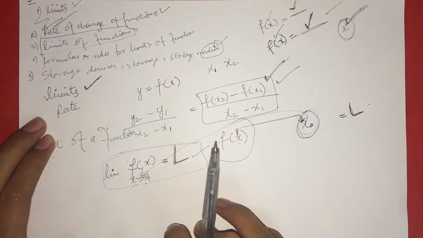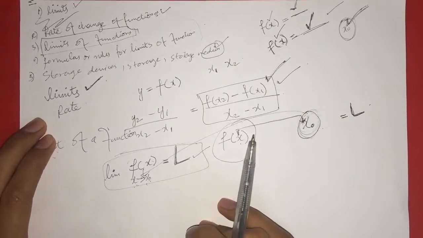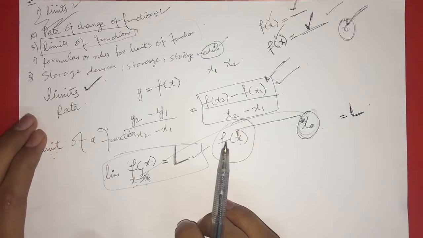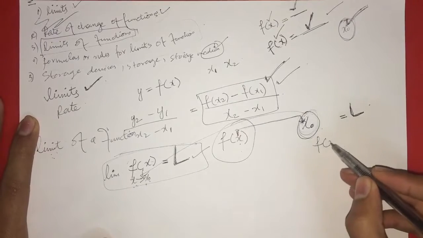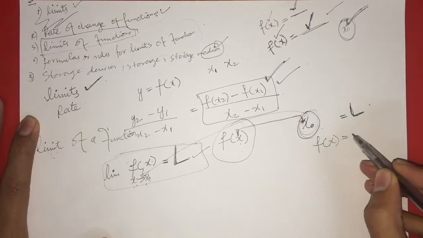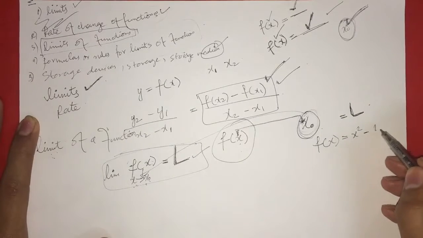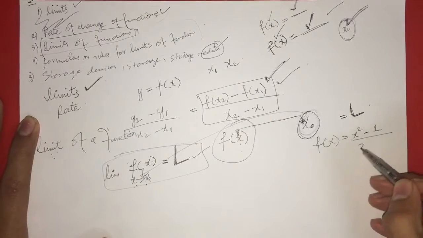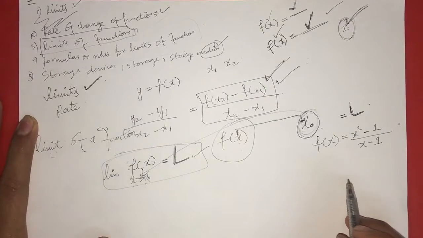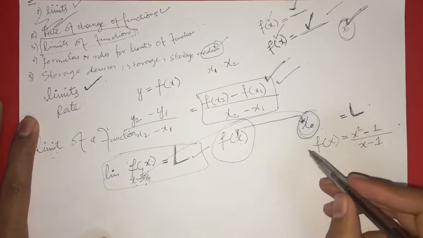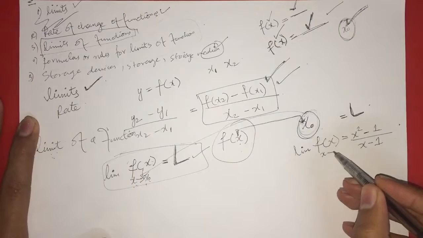Now let me give you an example of the limit of a function. Say there's a function f of x equals x square minus 1 divided by x minus 1, and you want to find the limit of this function when x approaches 1.